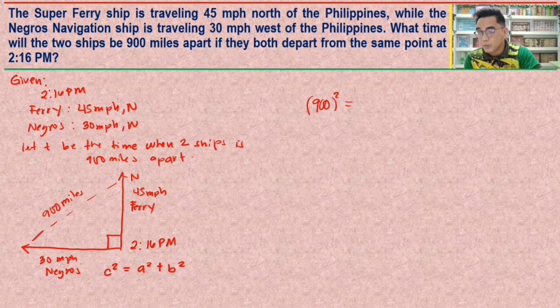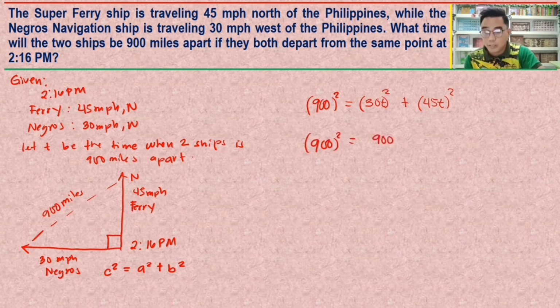In this case, we're going to use the Negros as our a, squared, plus 45 miles per hour. Since we are asked to solve for the time, we're going to put t inside of the parentheses: (30t) squared, (45t) squared. That is this 900, and we're going to compute it.